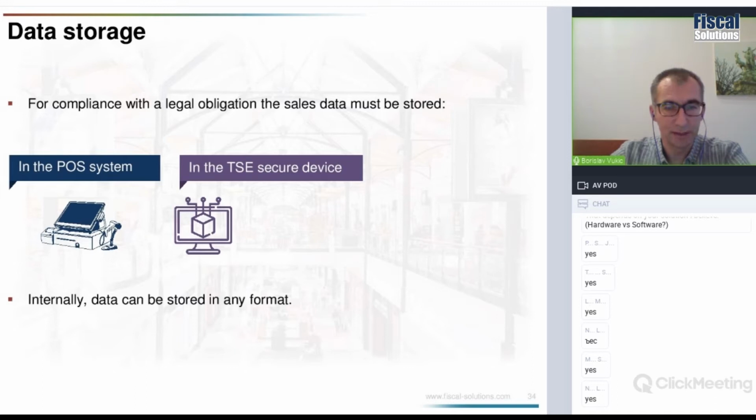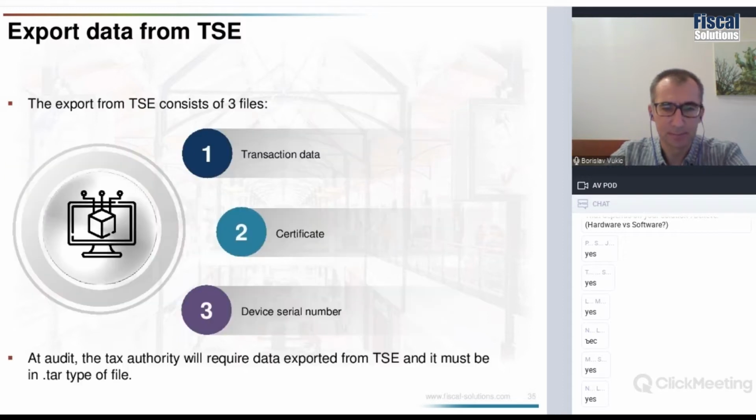About data storage, in other words, the sales data must be stored in the POS system and in the TSC. Internally, data can be stored in any format in the POS. As a matter of TSC export, the data exported from the TSC is expected to be in a .tar type of file.